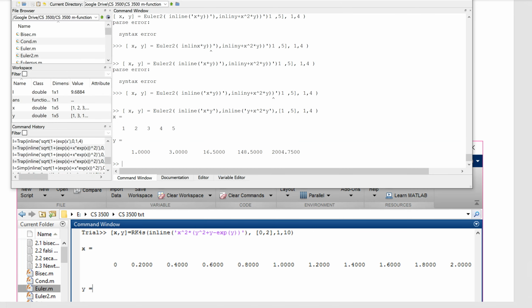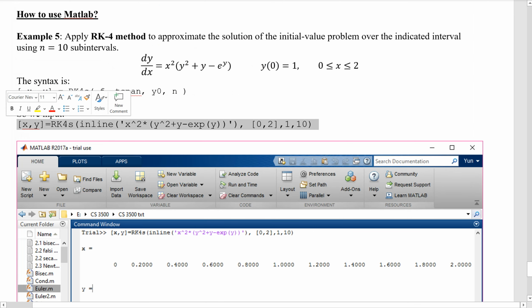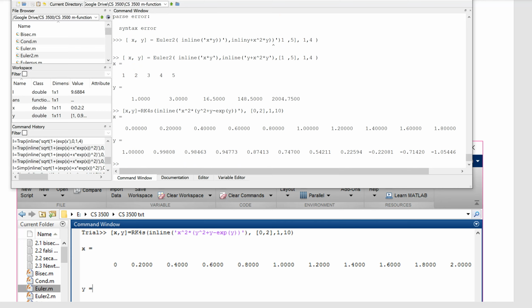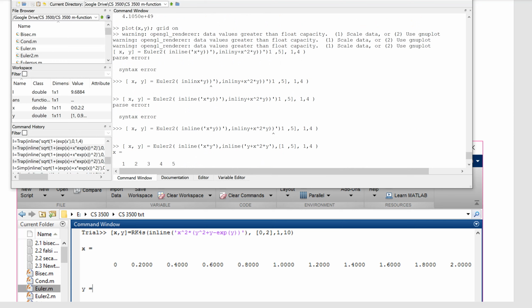Okay, here, let me copy the syntax here. Or you can use the previous ones, just change these letters to RK4S instead of Euler, okay? And enter. So we get minus 1.05446.